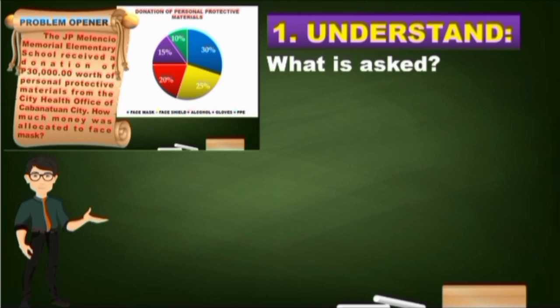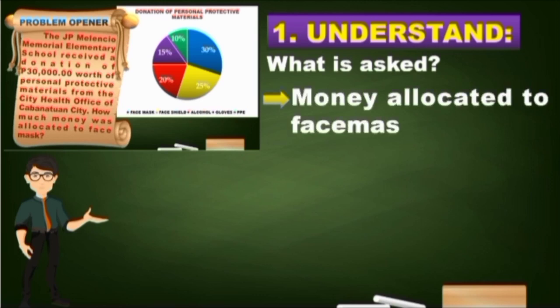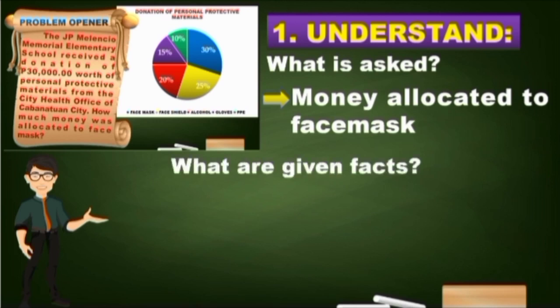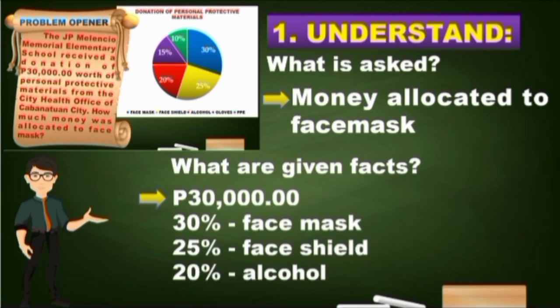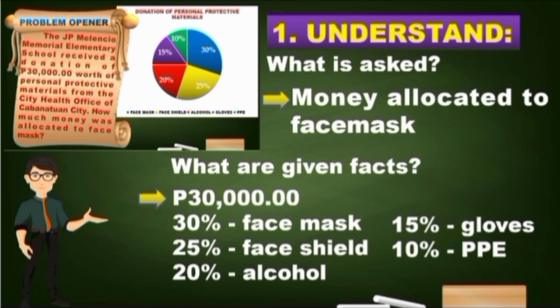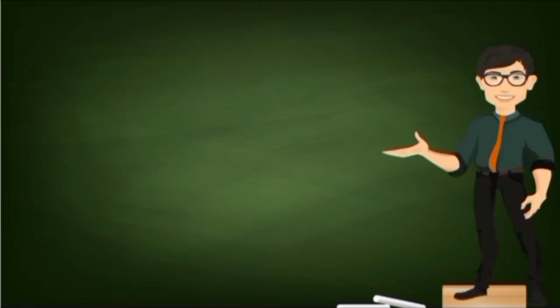What is asked? The money allocated to face mask. What are the given facts? 30,000 pesos, 30% for face mask, 25% for face shield, 20% for alcohol, 15% for gloves, and 10% for PPE.